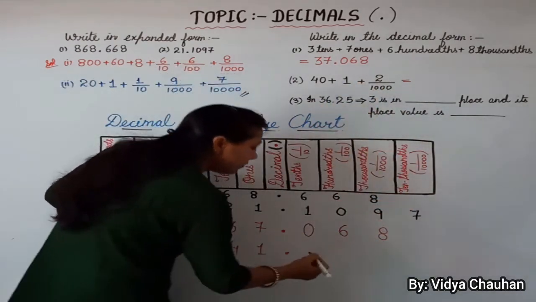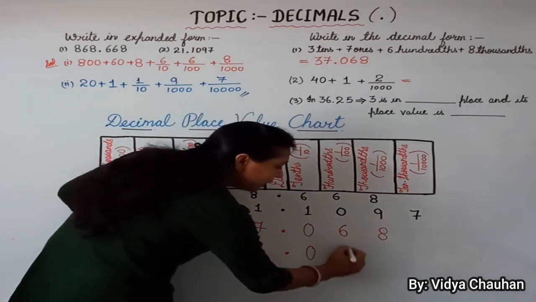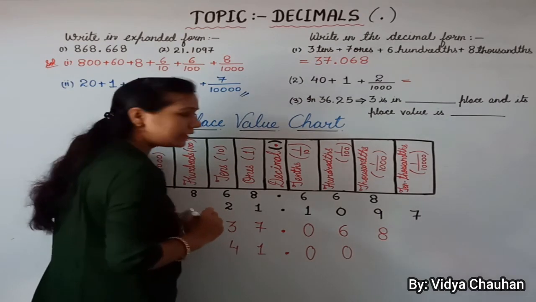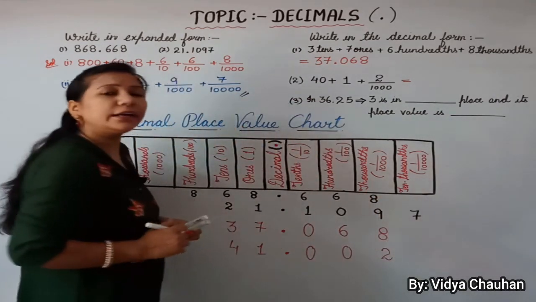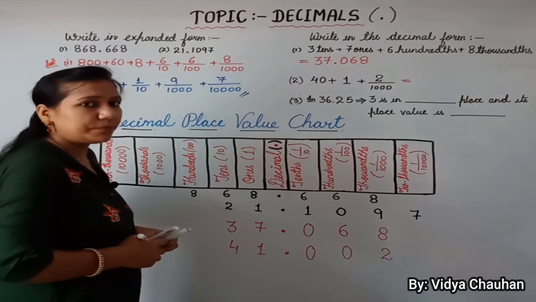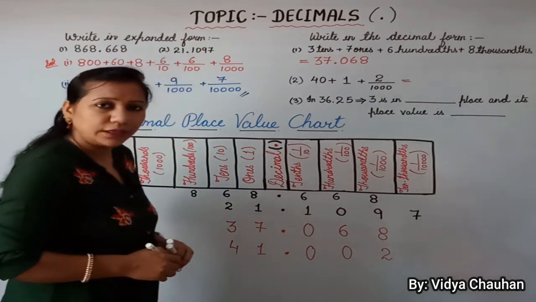So we do not have any digit at tenths place, means 0. We do not have any digit at hundredth place, means 0. And now we have 2 at the thousandths place. So that is 2 upon 1000. Clear, students?